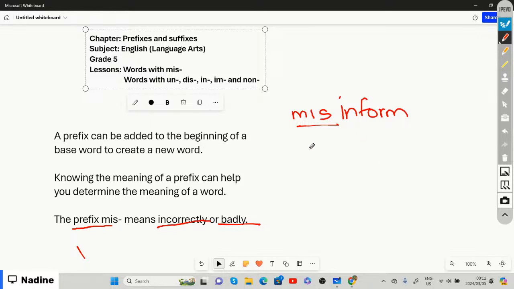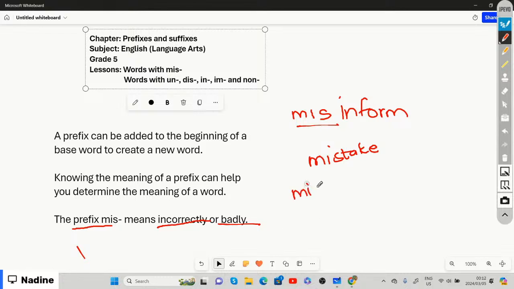If you look at the word mistake, for example, someone always mistakes me for my brother. They are incorrectly identifying me. It's a mistake.